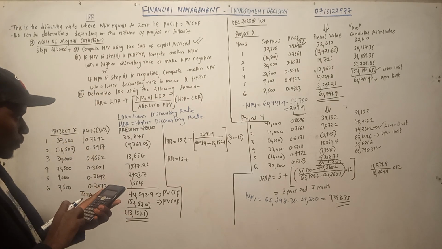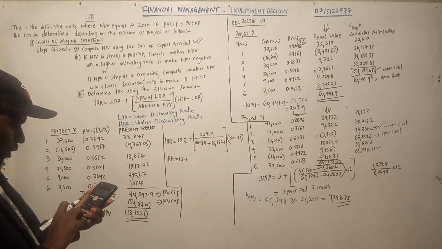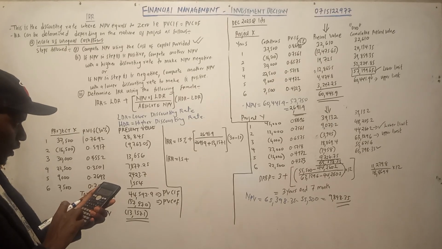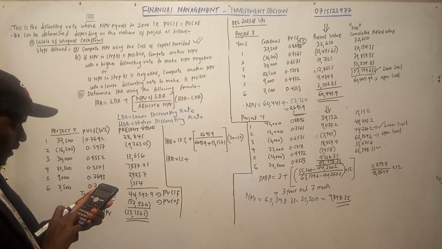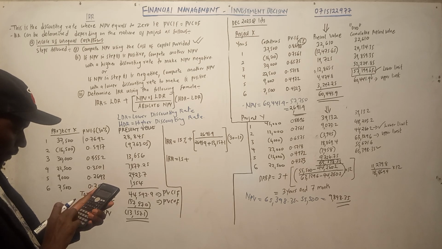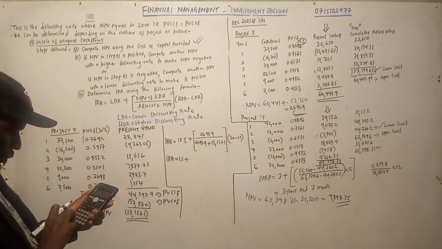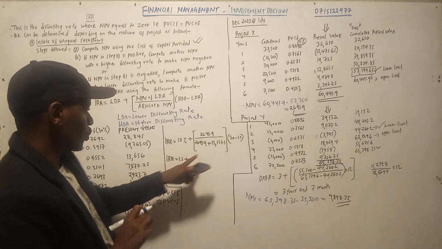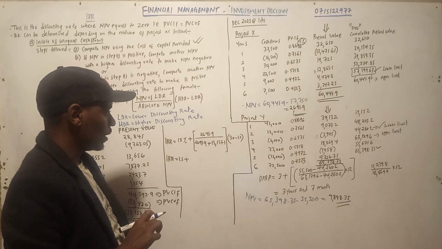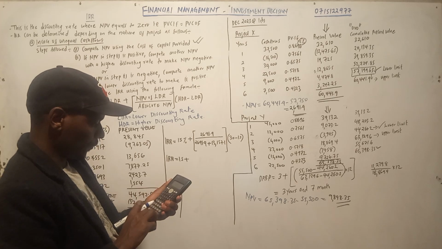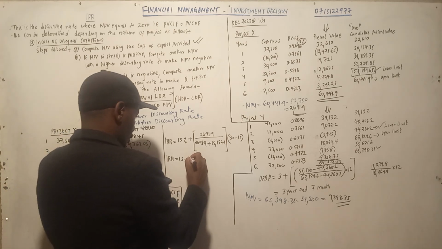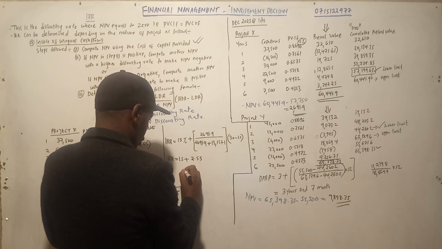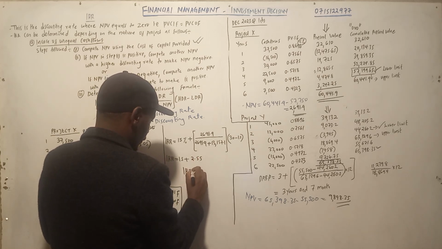So tunasema 2691.9 divided by 2691.9 plus 13,157.1. So you times, so once ukipata hiyo you times na 15%, so that means 15%, so 2.55.